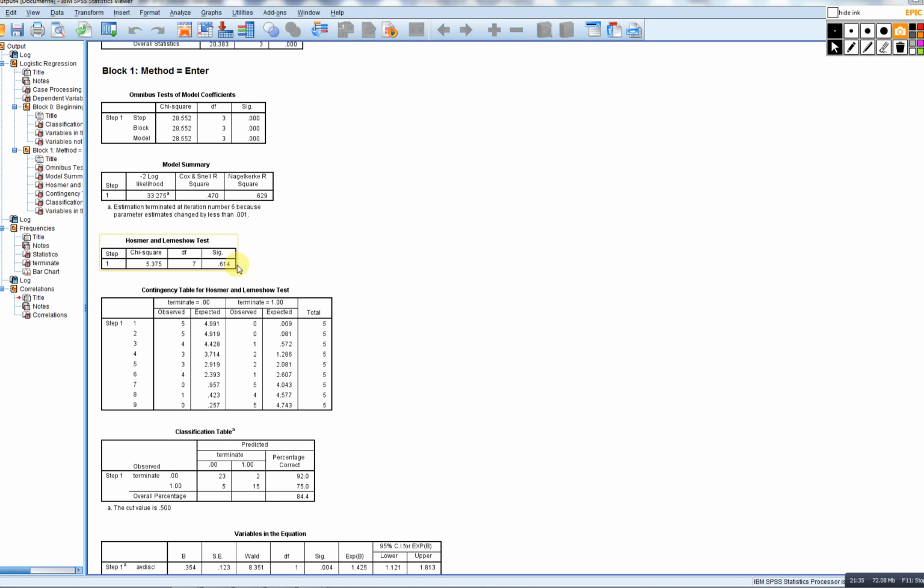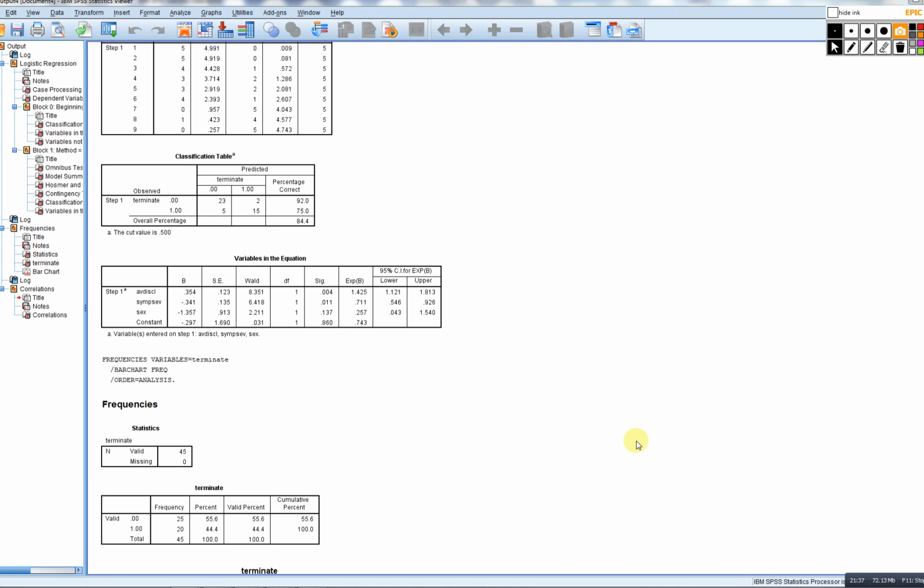And then we see, based on our classification table, we have an overall accuracy rate of 84.4% in terms of predicting who was going to fall into the group that terminated within 2 months, which is the group coded 1, and those who didn't.